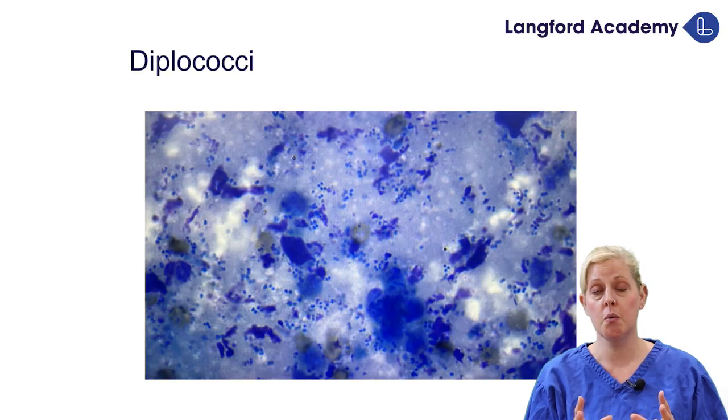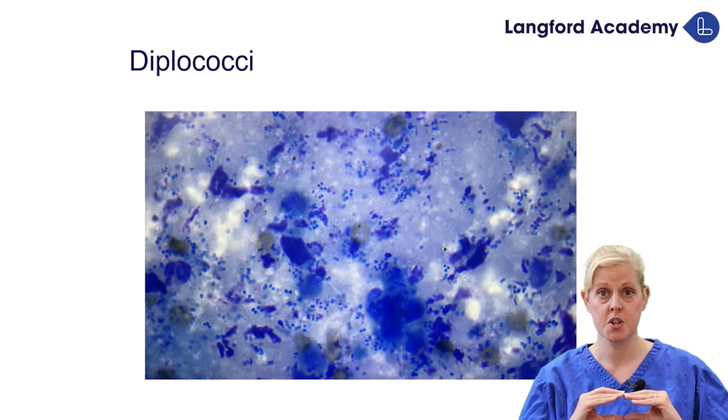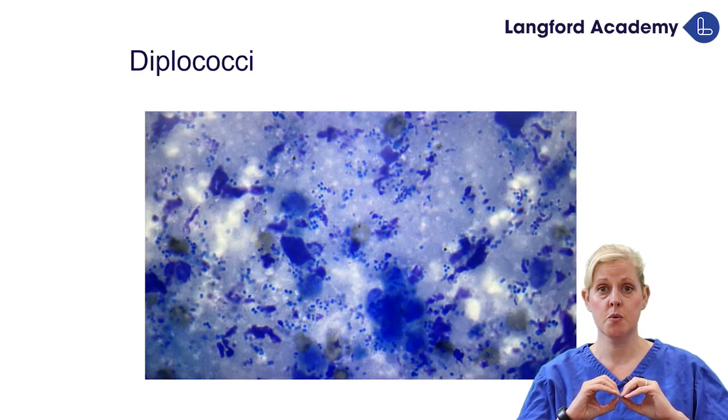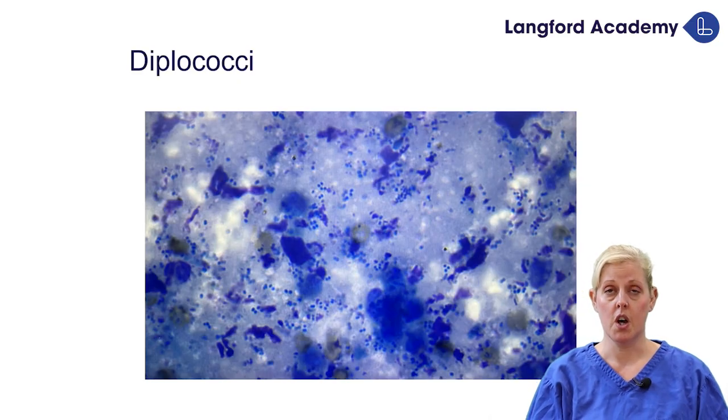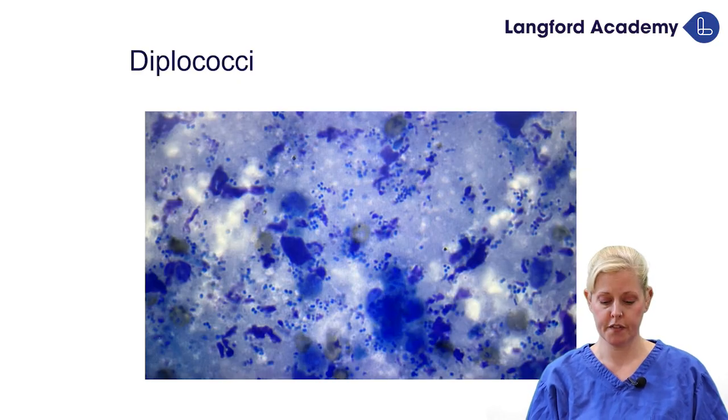So what I tend to do, when I'm looking at them under the microscope, if there is anything that does appear rod-shaped, I'll use my fine focus to go in and out, and with the diplococci, you will see a very small bud. I don't know if you can see my hands there. You'll see almost like a very small bud within the middle. Rods don't do that. They just stay that shape and then go in and out of focus. So just really utilise your fine focus there.